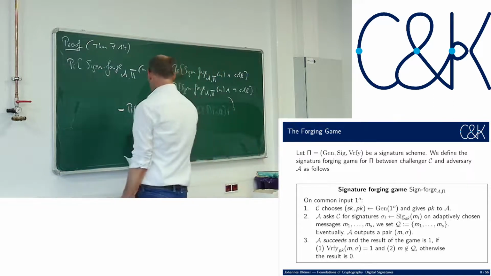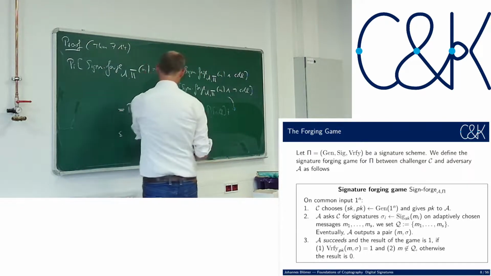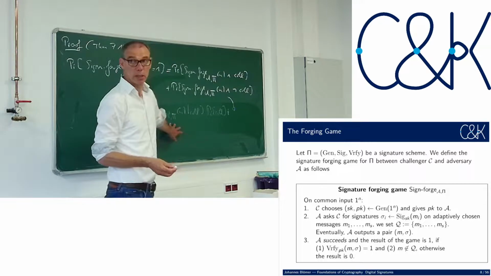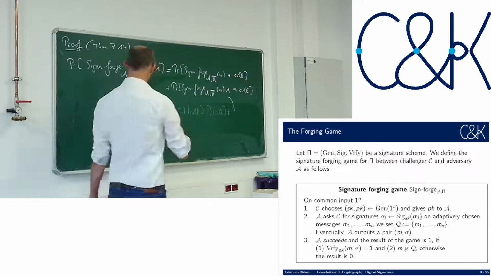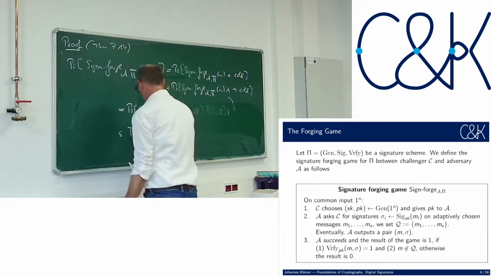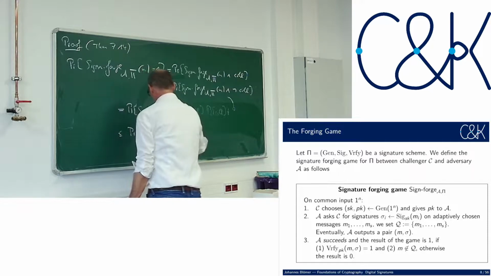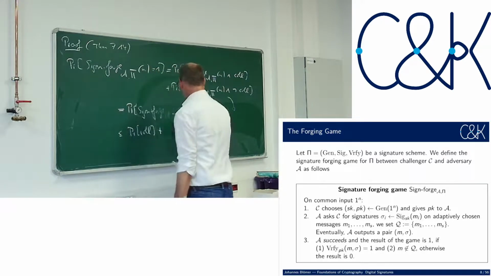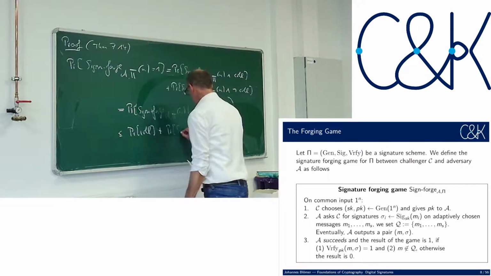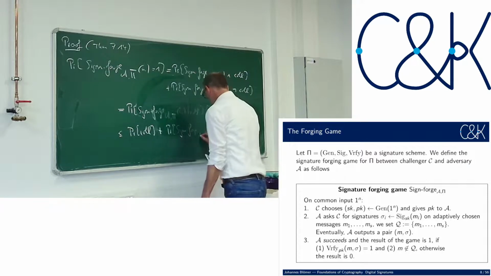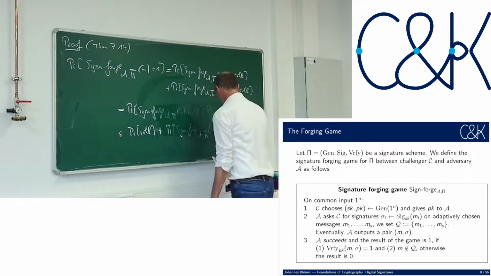And this is upper bounded by, I ignore this factor here, so this is upper bounded by the probability for a collision plus, and now let me write it out again, the probability for sign forge A, pi of n is 1.